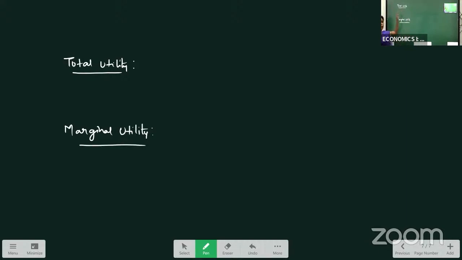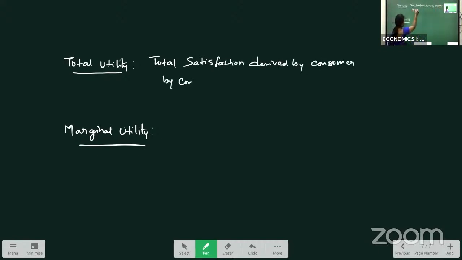First, what do you mean by total utility? Total utility is the total satisfaction derived by the consumer by consuming all the commodities.